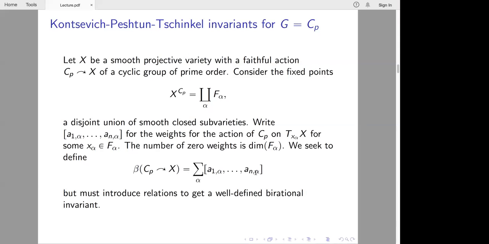But why not just, I think the most traditional way to understand stable rationality is to start with multiplying your variety by a projective space, right? And then the structure of the fixed point locus is, so to say, straightforward to compare. Yes. Just for every fixed point, you have a fixed stratum upstairs.